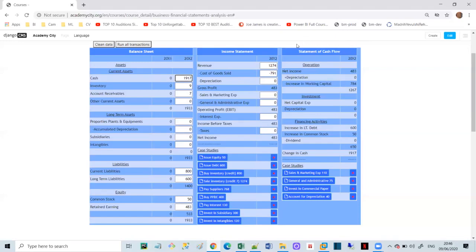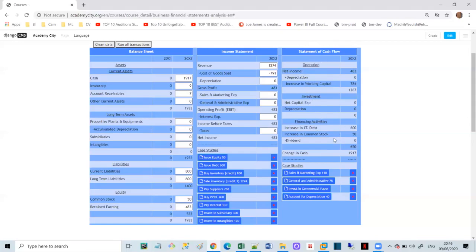The bottom line of the statement of cash flow, if you see this number, is exactly 1917. Then we will break it down into 3 segments, and I will go over that in a second.